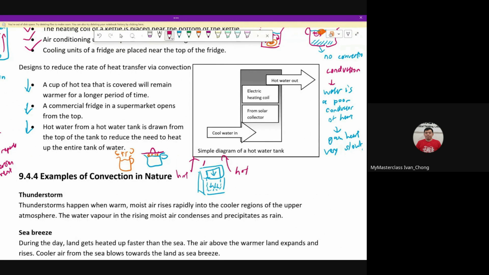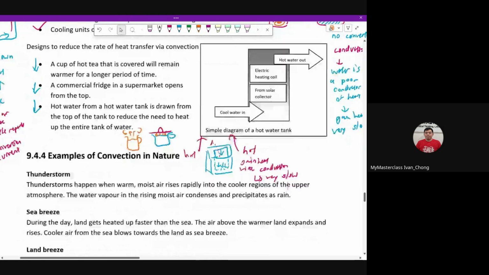The reason why we close it is because there might be thieves. Because of this, the cold air can only gain heat via conduction, which is very slow because air is a poor conductor of heat.